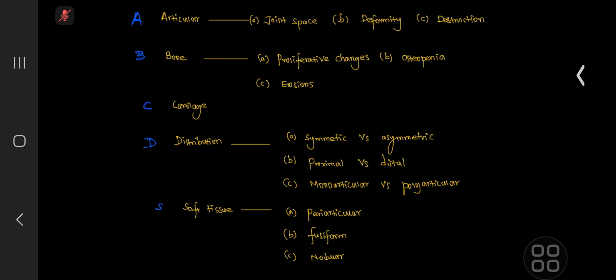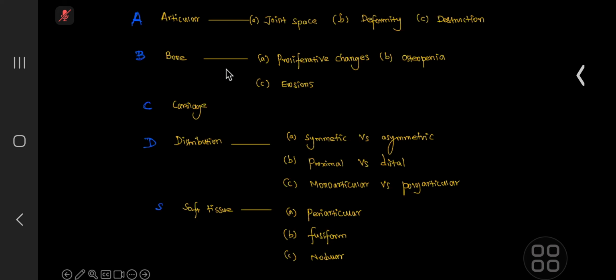This is an excellent one. So how do I approach an arthritis case? I'll first look at the articular surface, especially the joint space, whether there is any narrowing, and how the cartilage is. Then look at the deformity, if there is any swan neck deformity or Heberden's nodules, and also if there is any destruction, where the destructions are, is it distal or peripheral.